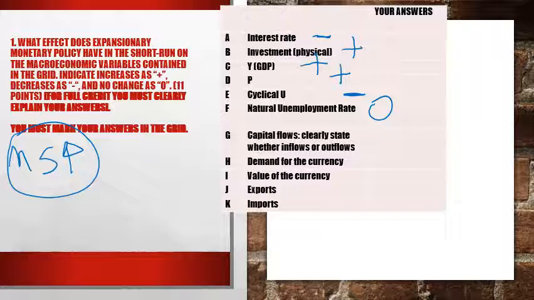Capital flows, and then clearly state whether inflows or outflows. So our interest rate, in other words, ID, in relation to IF, foreign interest rate. Well, let's assume that initially they were equal. So now our interest rate has fallen in relation to foreign interest rates.